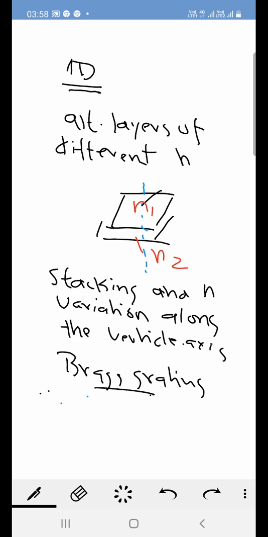Now these are the three different types of photonic crystals. As we have a reciprocal lattice in the case of normal atomic crystals, similarly we have a reciprocal lattice for the photonic crystals as well. The reciprocal lattice for a 3D arrangement of photonic crystals is shaped like this.